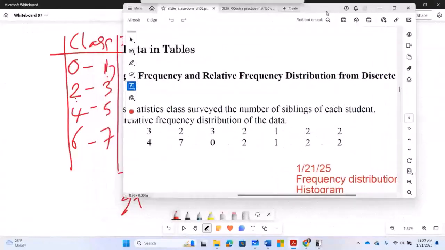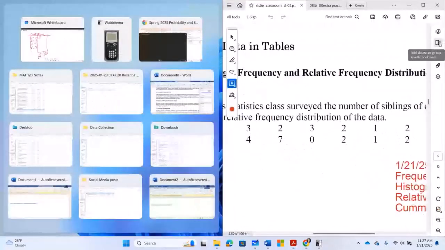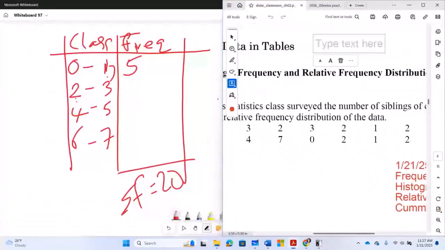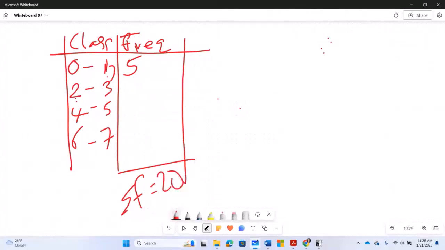So there are 11 members of the second class. Therefore, 11 members are here. So the frequency of the second class is 11. I'm going to find the frequency of the third class. So let me do that.